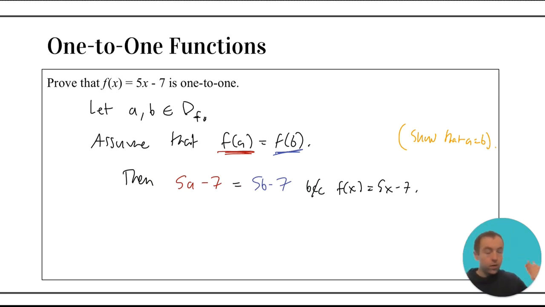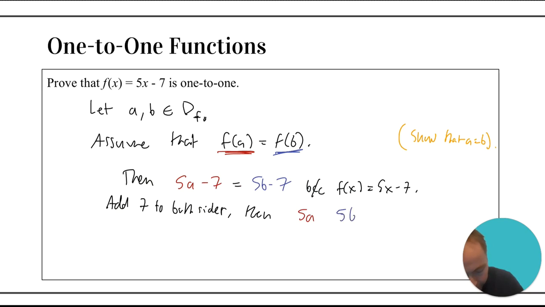And then I could take that equation that I have, 5a minus 7 and 5b minus 7 equaling one another, and we'll be able to find a way to show that a and b are equal to the same thing. So if I just add 7 to both sides, then we'll have that 5a and 5b are equal to one another.